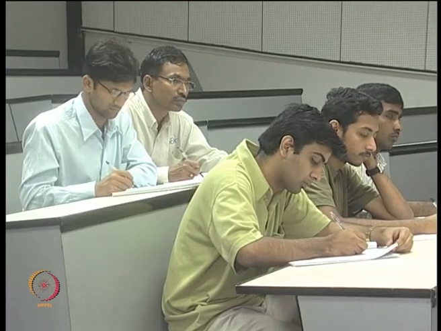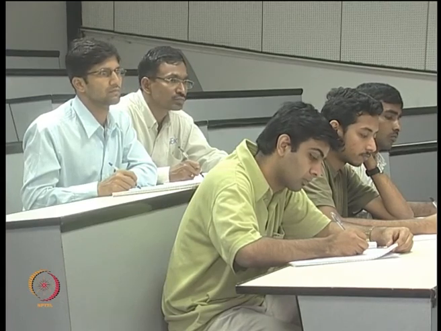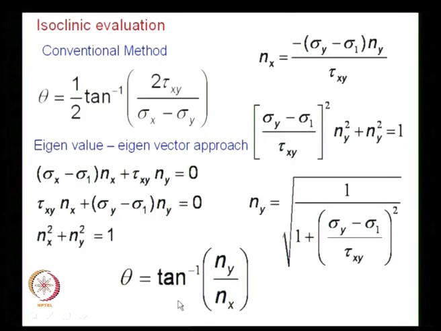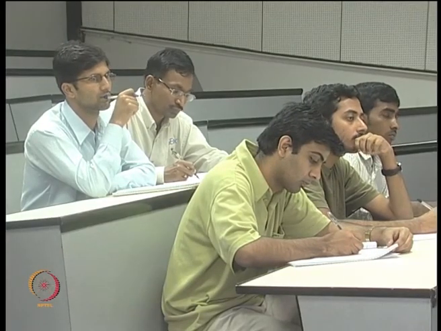When I do it by experiment, particularly by photoelasticity, you will see that I have to use some kind of calibration to associate the direction obtained to sigma 1 or sigma 2. And the emphasis here is more on finding out the principal stress direction.